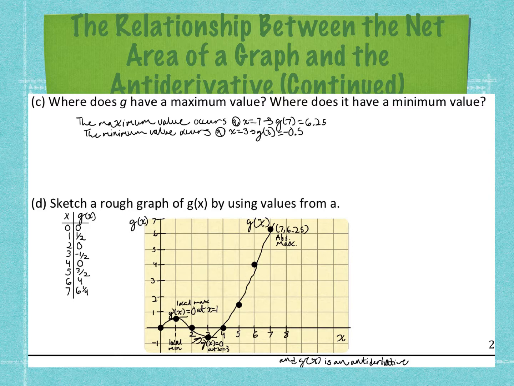The maximum value occurs at x equals 7 because g of 7 is at its greatest, which is 6.25. And a minimum value occurs at x equals 3 because g of 3 is negative 0.5, which is the lowest. So when we plug in all of the points of the area that we got above, we get a rough sketch of the graph of g of x, which is the antiderivative.